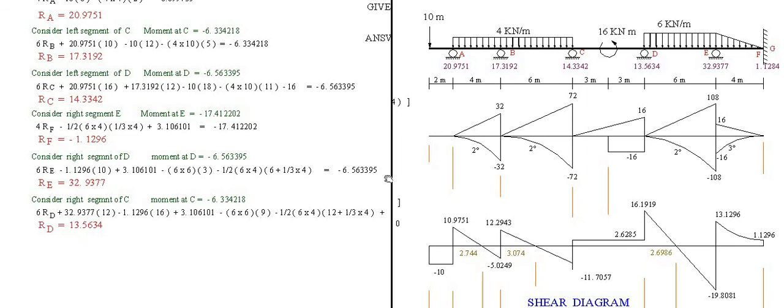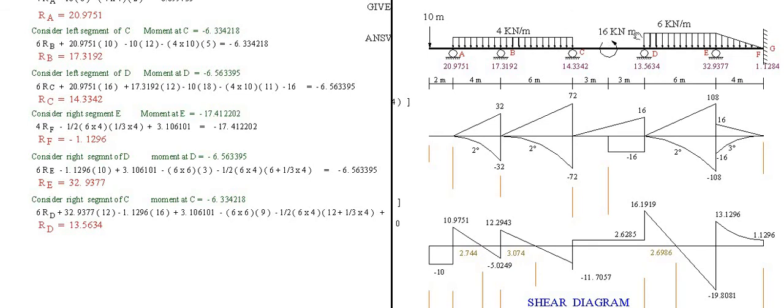Again, cut section at C. Consider all the moments or forces on the right of C. When we cut here, there is a counterclockwise moment at C of minus 6.3342.